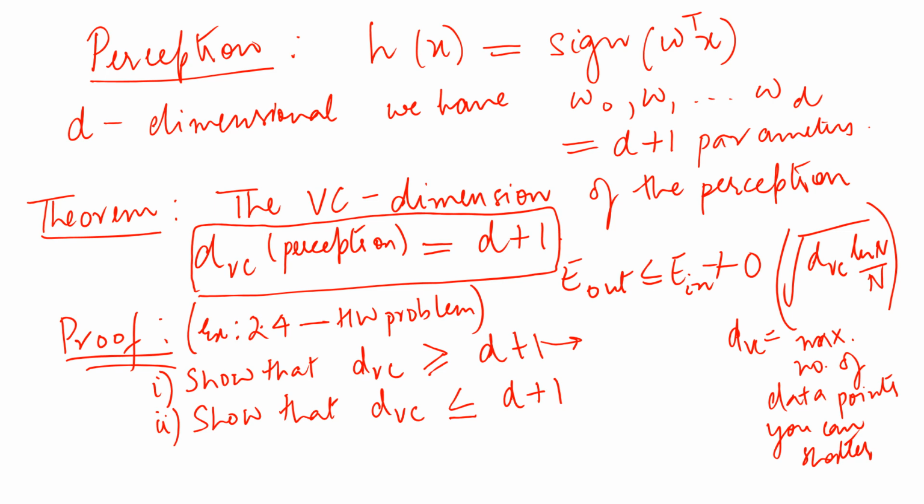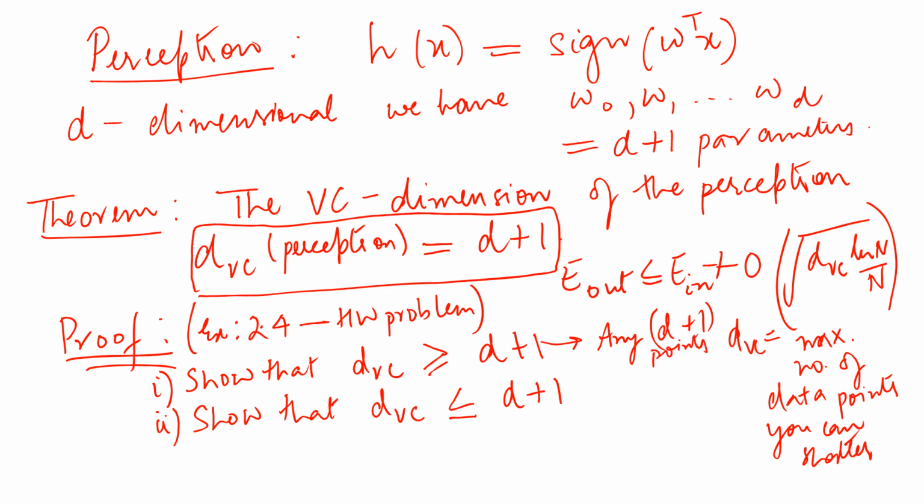Basically, it will be enough to show that you can shatter a single collection of d plus 1 points, some collection of d plus 1 points. This hypothesis set can shatter this particular collection of d plus 1 points. So that's the first part.